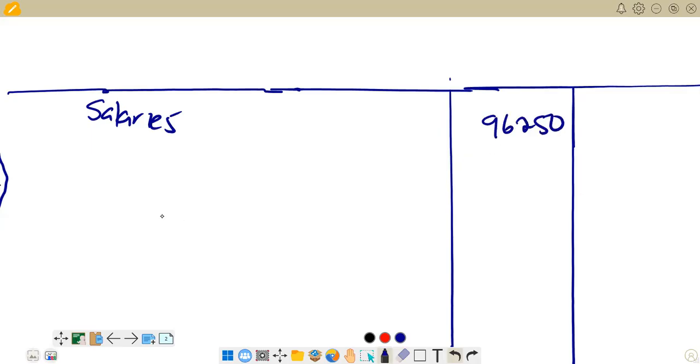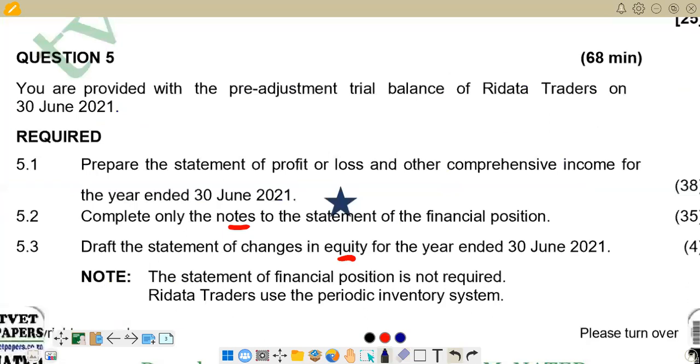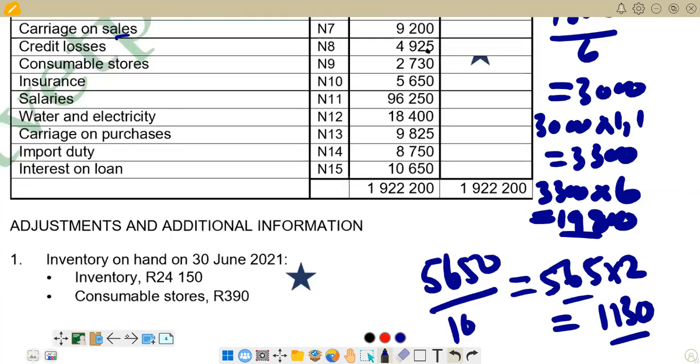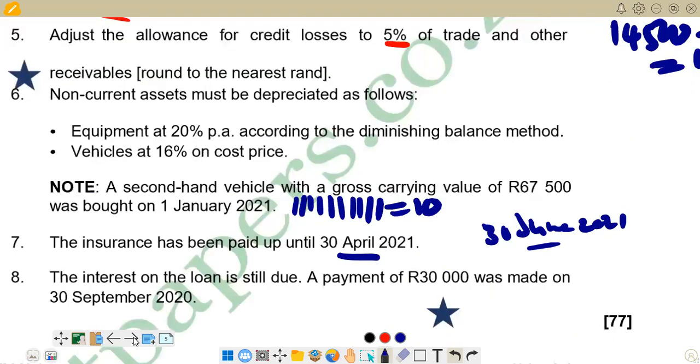After salaries, we go and check if you've got anything again. You'd see that after salaries, we've also got water and electricity, which is 18,400. So we go and check again additional information if we've got anything to do with water and electricity.